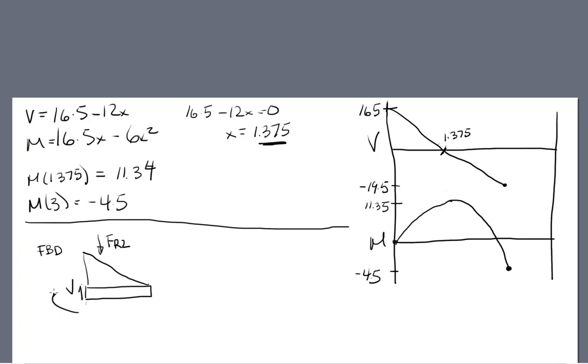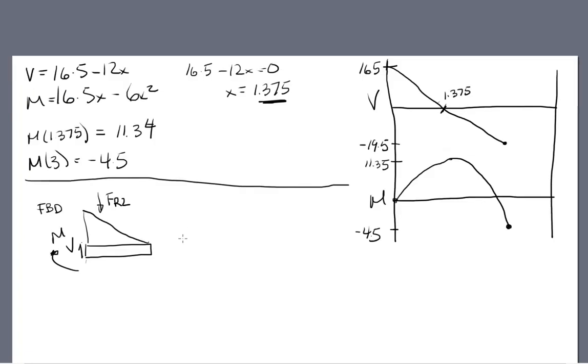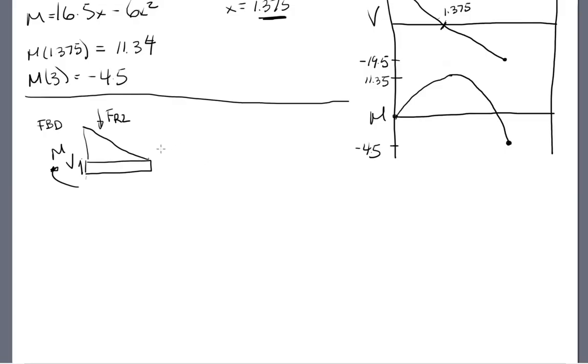We're going to have an internal moment here. And we've got this FR. So actually, right now, it's looking like a pretty straightforward curve. But let's see, because this actually can get a little complicated. So what you really need to figure out is your distributed load as a function of x. So what is that? So w is a function of x.